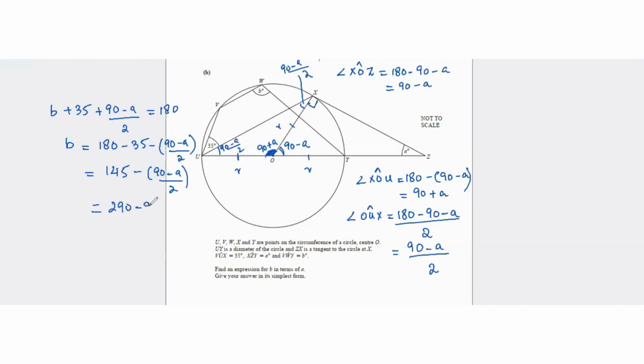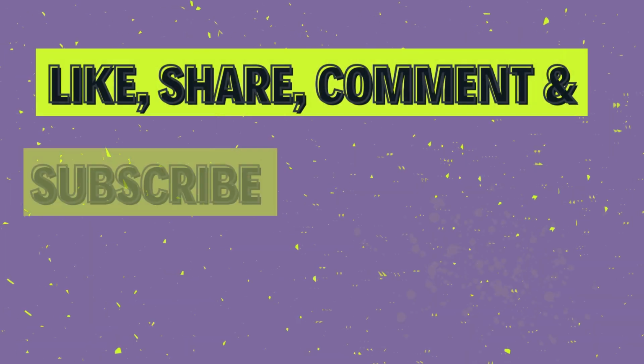So 290 minus 90 plus A over 2. That's going to be 200 plus A over 2. If we simplify that, that's going to be 100 plus A over 2. That is the expression for B in terms of A.